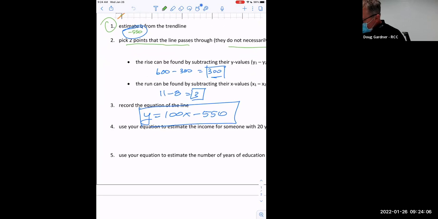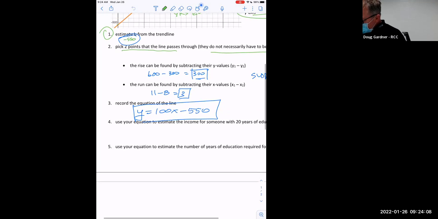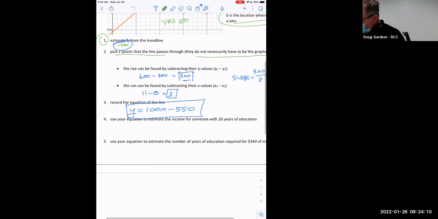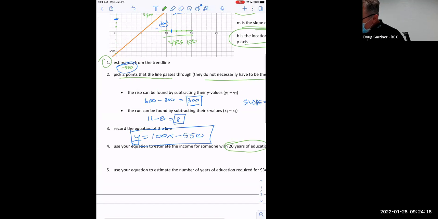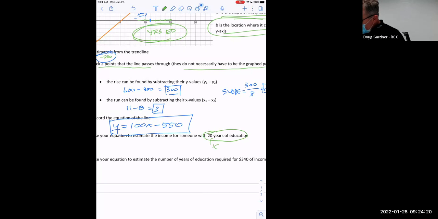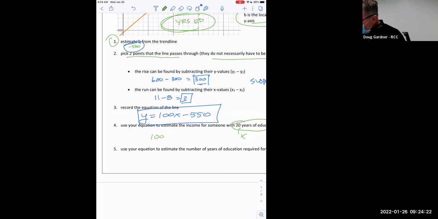Once you have an equation for something, can you use your equation to estimate the income for someone with 20 years of education? You should be able to say, oh, 20 years of education, that's X. So this is kind of code for X. Therefore, 100 times 20 minus 550 is going to tell me the Y value. Y was income.